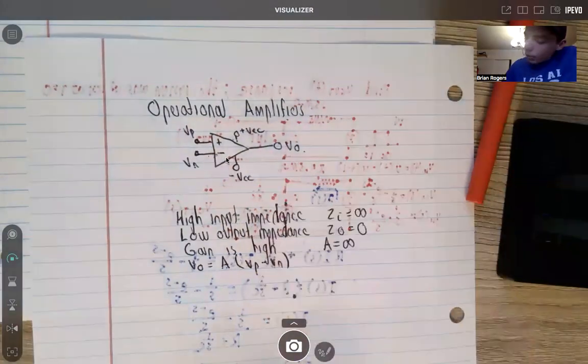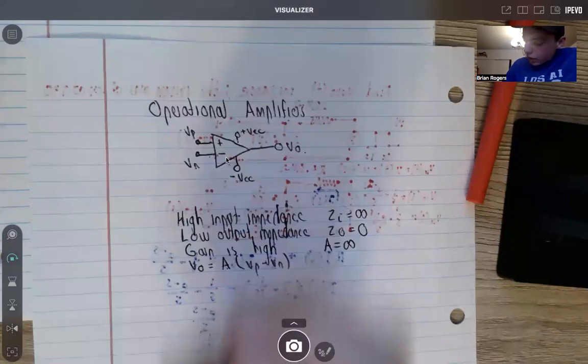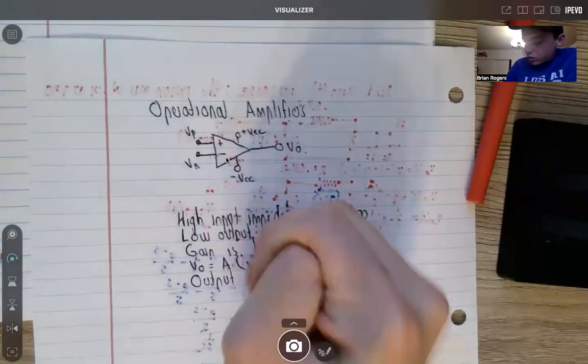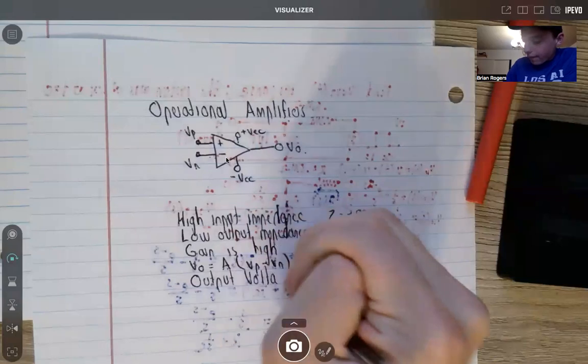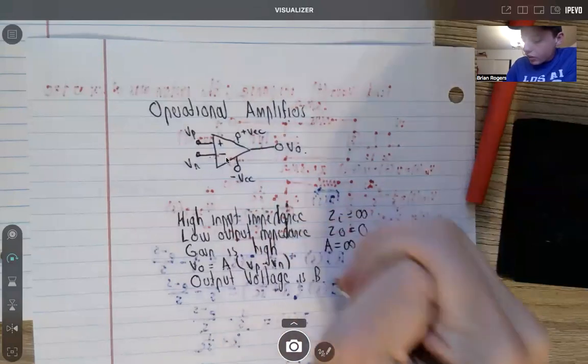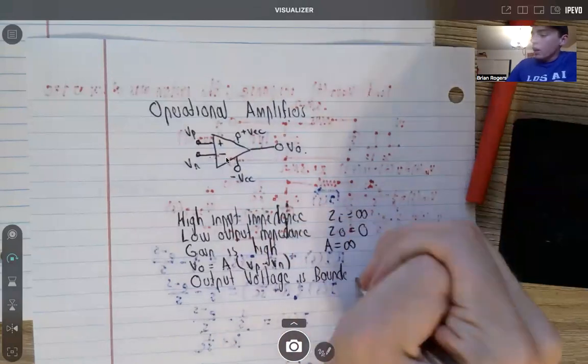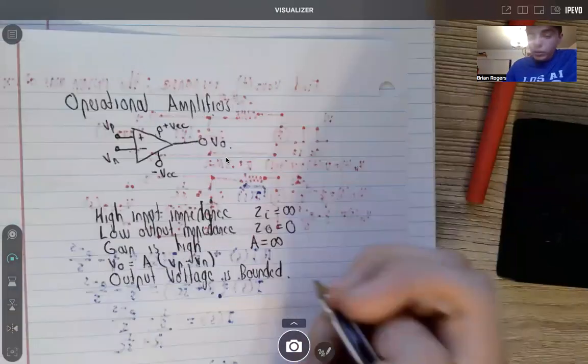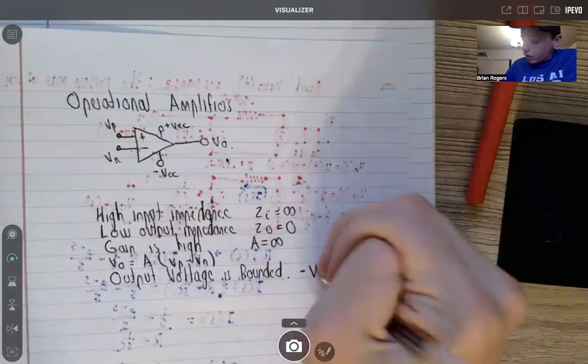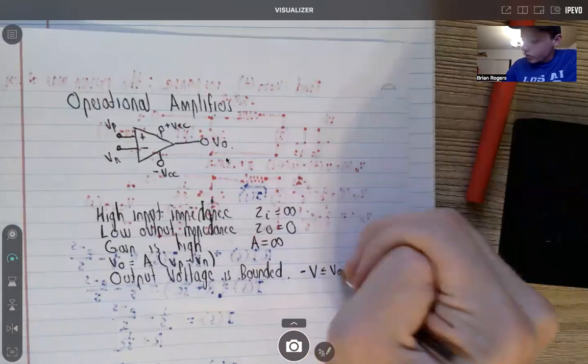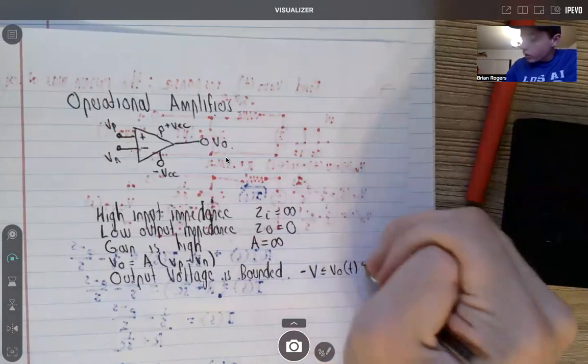And then your output voltage will be bounded. This class is different from 211 because in 211, we said it's only within 1 volt of the supply. But for this class, he says it's right at the supply. So what does that mean?